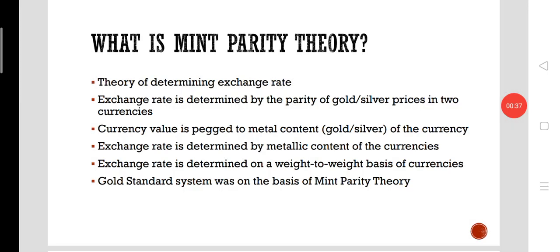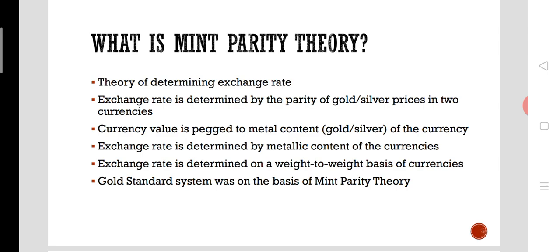under the gold standard system. Here, under the gold standard system, as per the mint parity theory, currencies are pegged to gold or silver, and the currency's value is determined as per the value of the gold or silver.